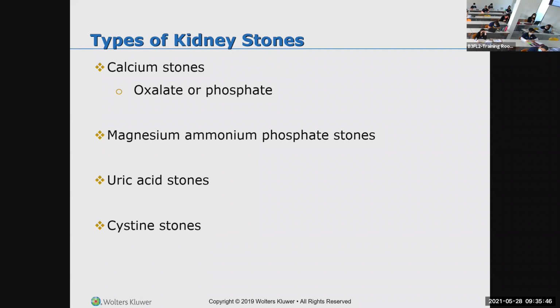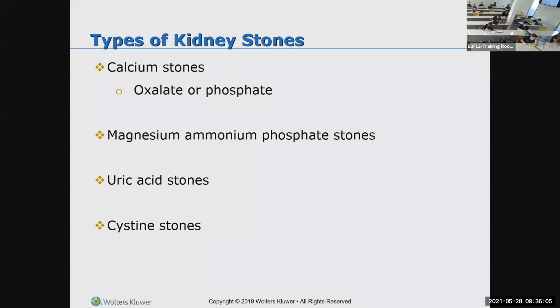Then we have MAP, magnesium ammonium phosphate stone, which we call staghorn calculi.